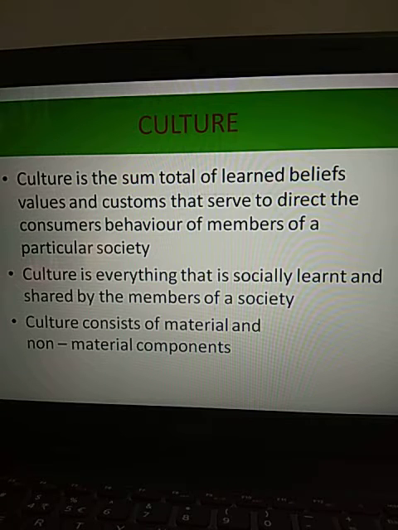So the culture is nothing but socially learned. The culture consists of material as well as non-material components. As far as the non-material components are concerned, we can consider beliefs, customs, ideas. So what do you mean by culture? A culture is nothing but the sum total of learned beliefs, values and customs. That's it.